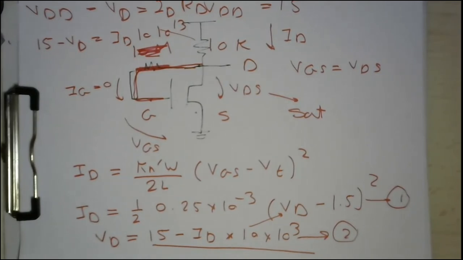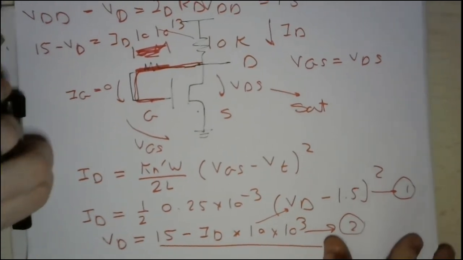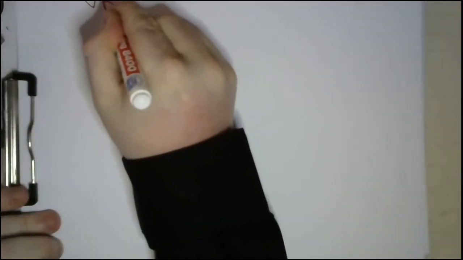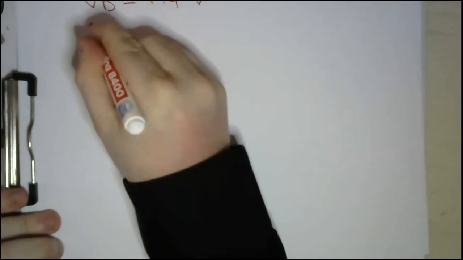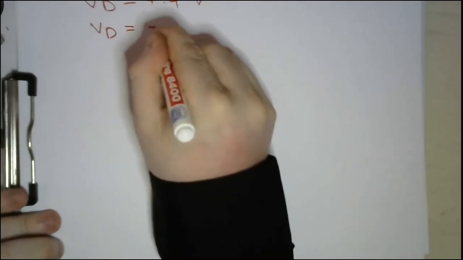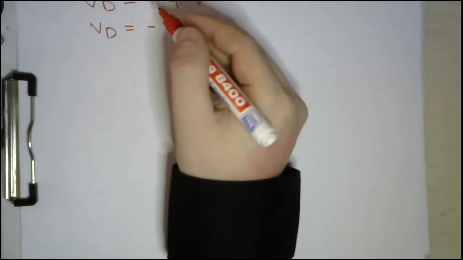Here I actually solved it in terms of VD, not ID, which is of course the same. So I get two answers: VD equals 4.4 volt and VD equals negative 2.2 volts.